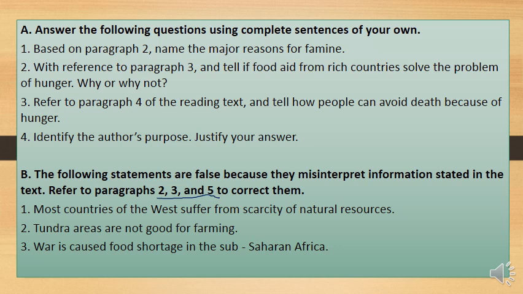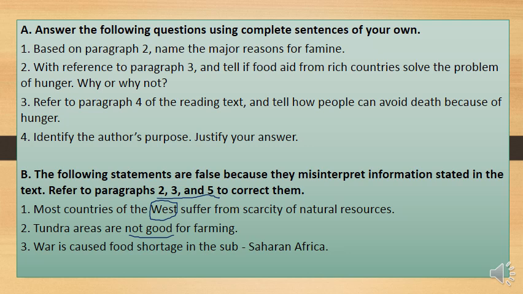Most countries of the West suffer from scarcity of natural disasters. This is false, of course, because in paragraph 2 it's mentioned that most countries of the East suffer from scarcity, not of the West. Number 2, tundra areas are not good for farming, which is true, because in paragraph 3 the writer mentioned that tundra areas are not good for farming, they are not suitable.